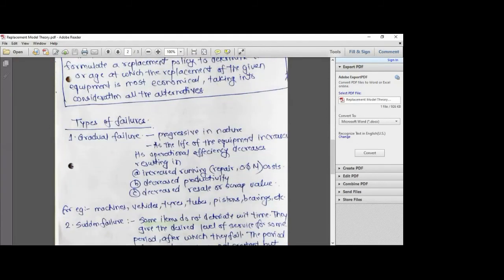Gradual failure is progressive in nature. Every day, whenever we use the equipment, we are moving in a direction in which the efficiency is going to decrease, right? So gradual failure is progressive in nature. As the life of the equipment increases, its operational efficiency decreases, right?